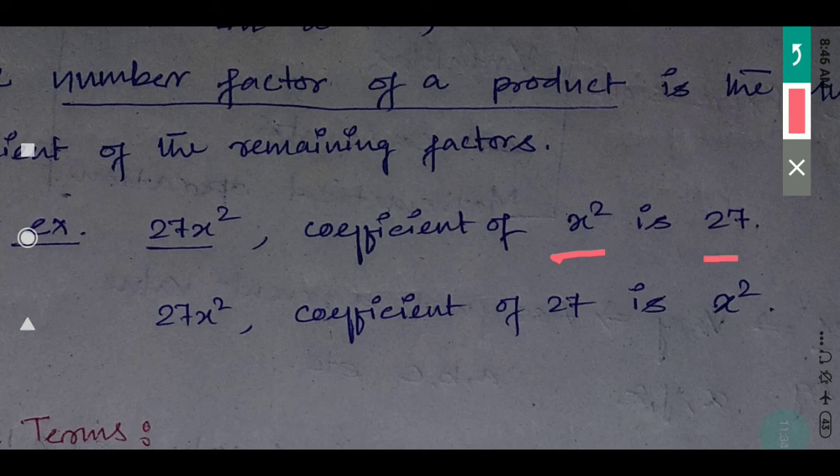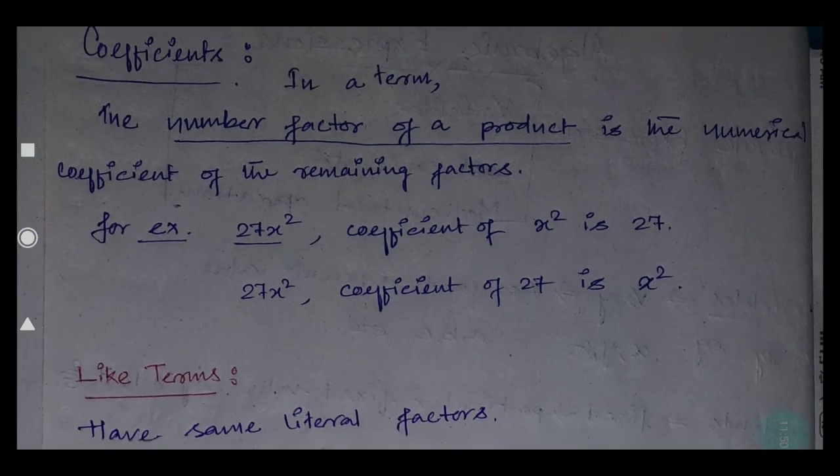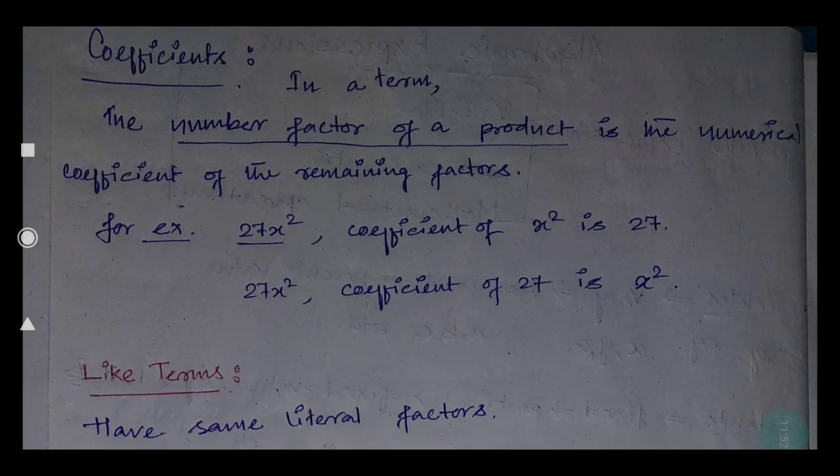That means the coefficient of x square is 27. Now, the coefficient of 27: you put the finger on 27, then what is remaining? x square only. So the coefficient of 27 is x square. See the definition: the number factor of a product. Product means multiplication. The number factor of a product is the numerical coefficient of the remaining factors.